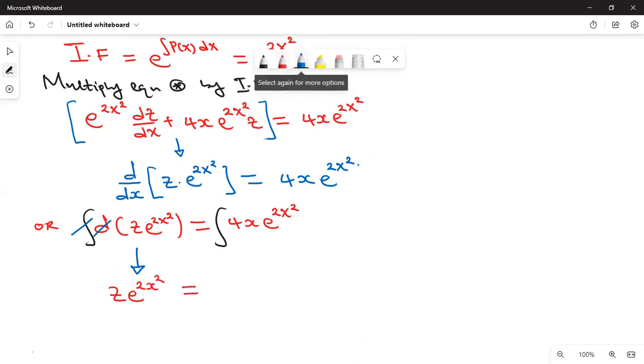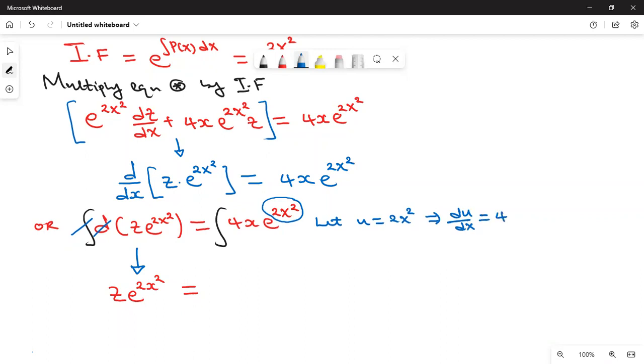Now on the right-hand side, you're going to use u substitution. Let u be equal to 2x squared. This means du dx is equal to 4x, or du is equal to 4x dx.